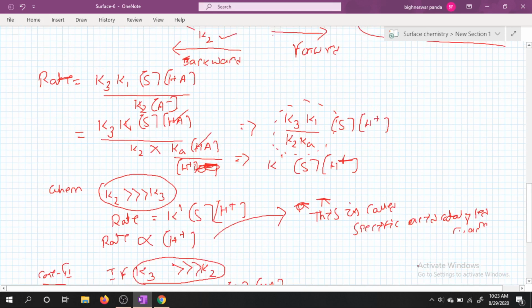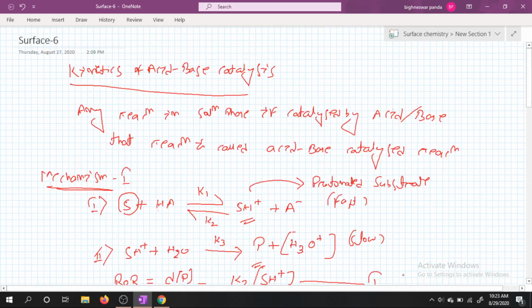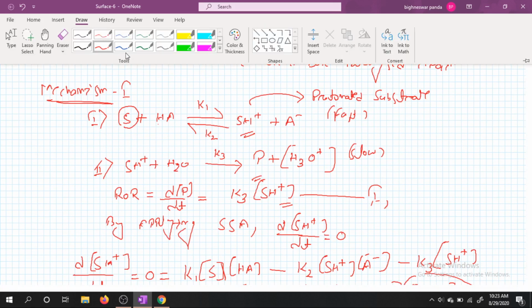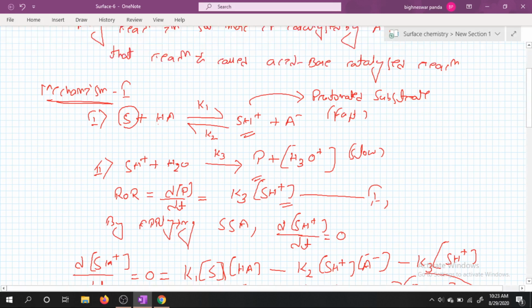So we have completed mechanism 1. Mechanism 1 involves a substrate reacting with acid to form the protonated substrate complex, and the protonated substrate complex reacts with water to form the product and gives H3O plus ion.